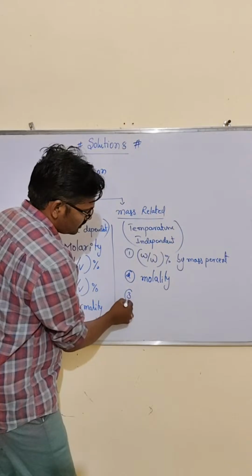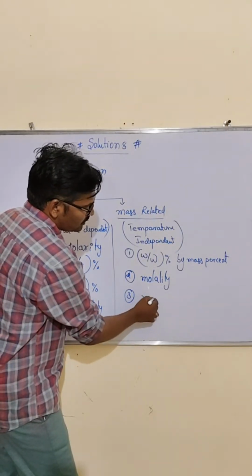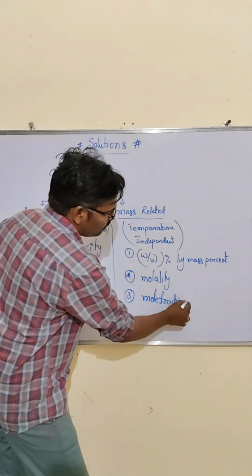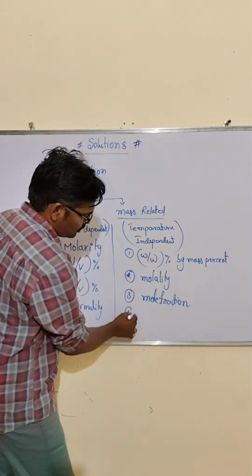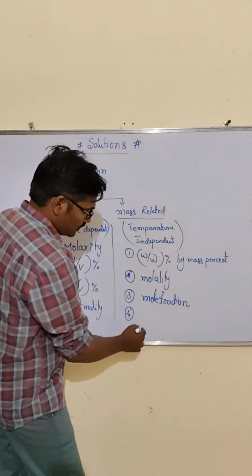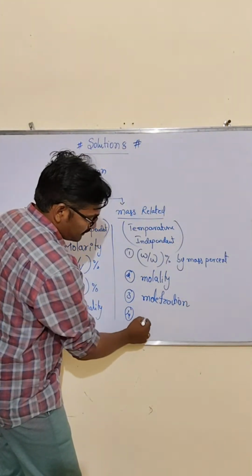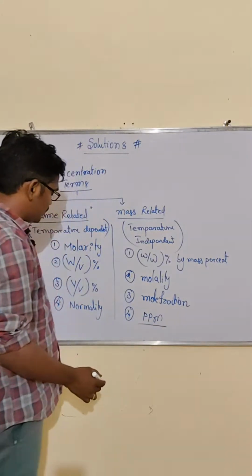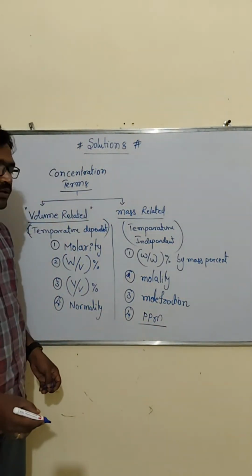Third one is mole fraction. Fourth one is parts per million, ppm. So totally 8 concentration terms are there.